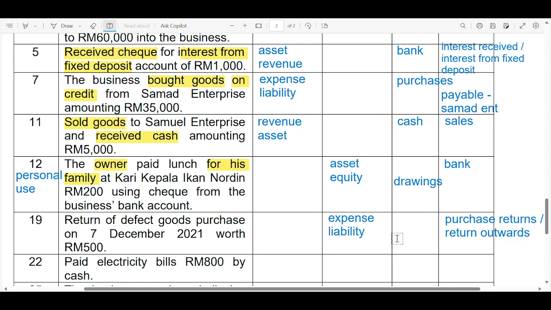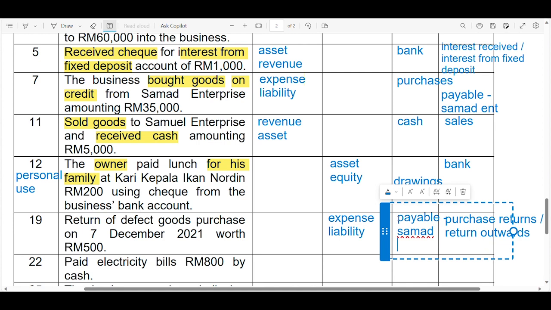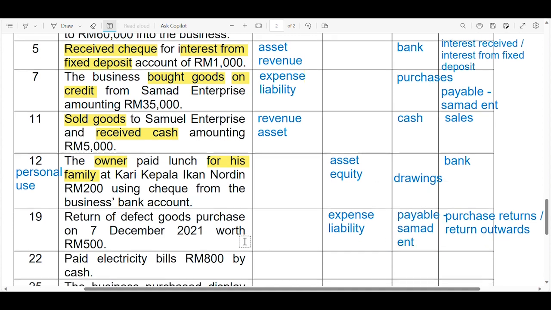Decrease in liability, you have to debit the liability account. So which liability account to be debited here? Look again at the transaction on 7 December. You credit payable when you bought the goods. So when you return, you debit payable Samad Enterprise.